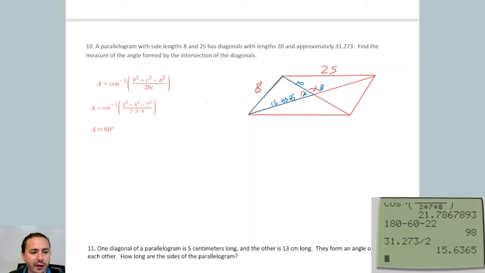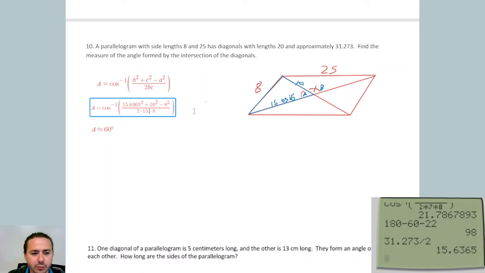Just for the sake of the formula, I'm going to say that's A. The side opposite of that is 8, so I need to make sure that this one is 8. The other ones are 15.6365 and 10.